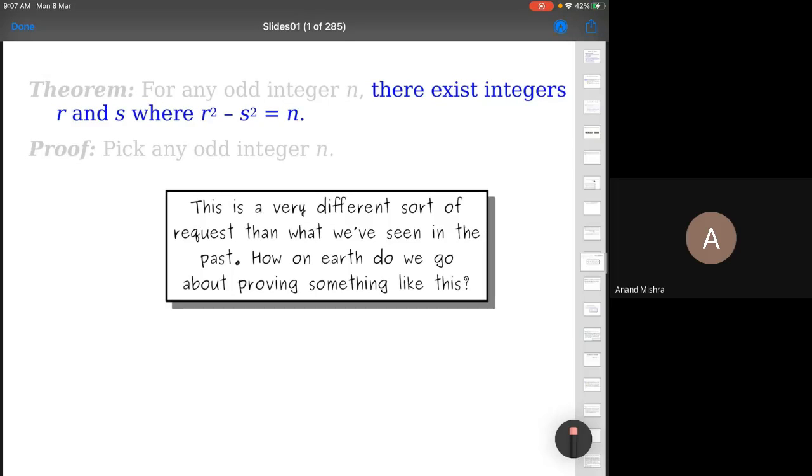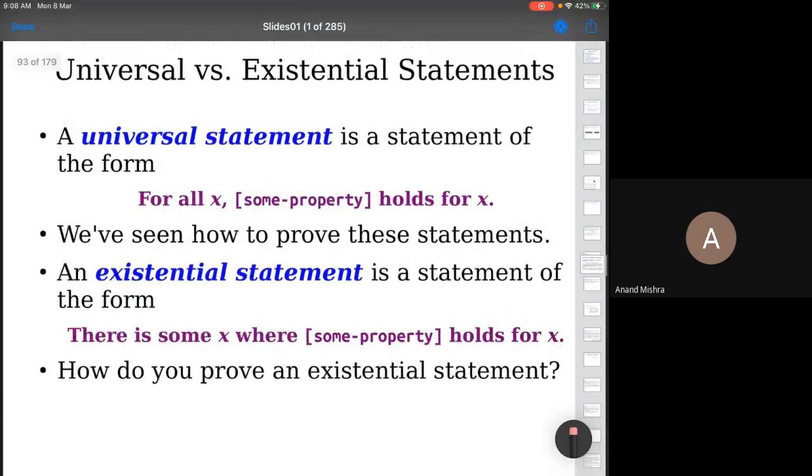This is a very different sort of request than what we have seen so far in the last lecture. How on earth do we go about proving something like this? The question is there exist, so it's not true for everything, but we need to find that such r and s exist in the entire statement.